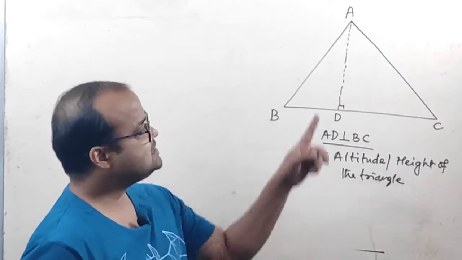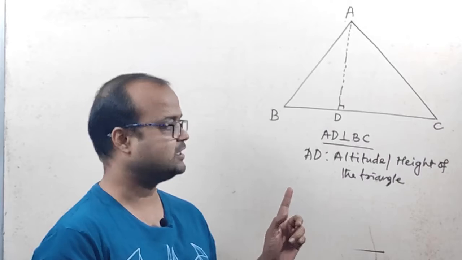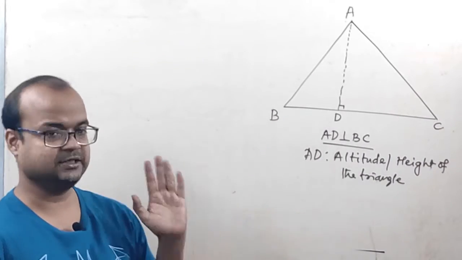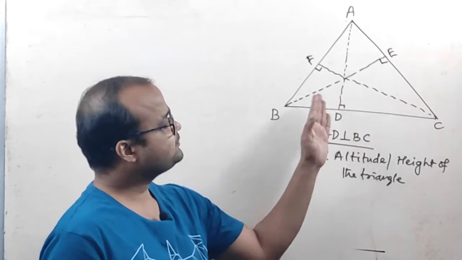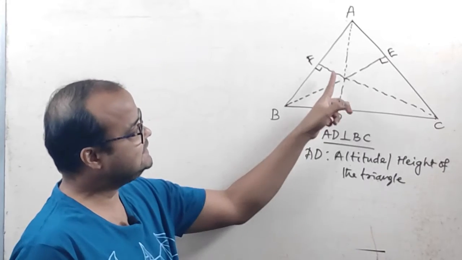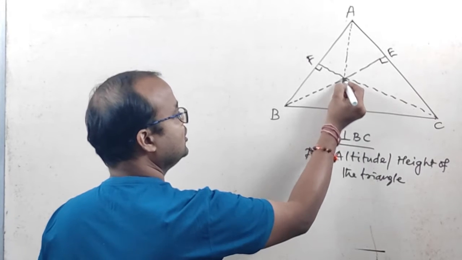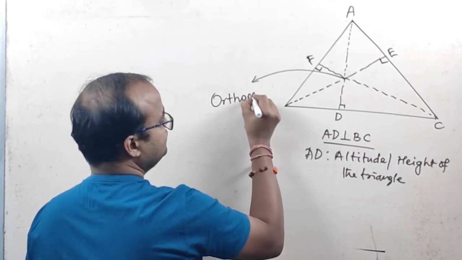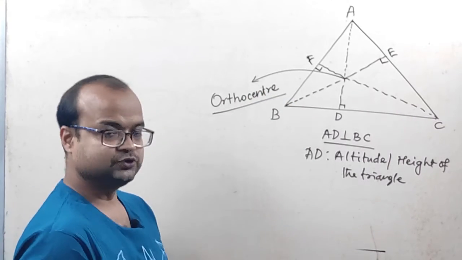Since there are three vertices in a triangle, you can draw three altitudes of a triangle. Here BE, CF and AD are three altitudes which intersect at a point. This point is called the orthocenter.